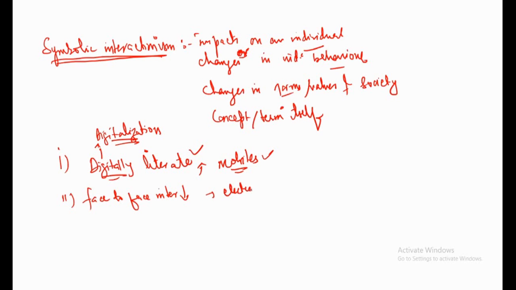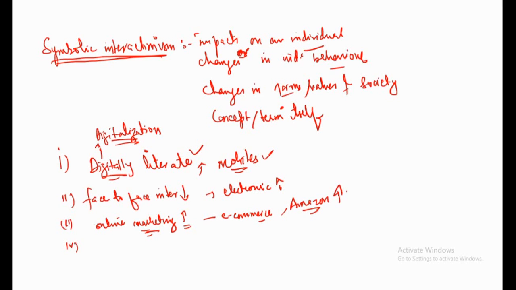Electronic interaction between people through electronic media increased. Third, the change in behavior is online marketing. When people started using plastic money, buying through e-commerce websites like Amazon increased.